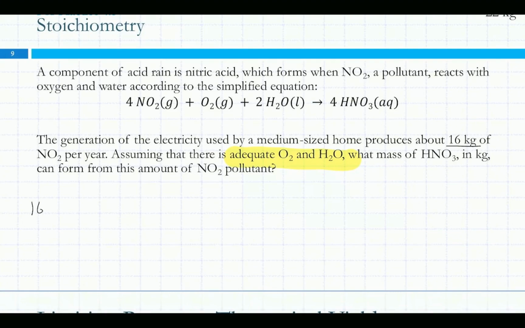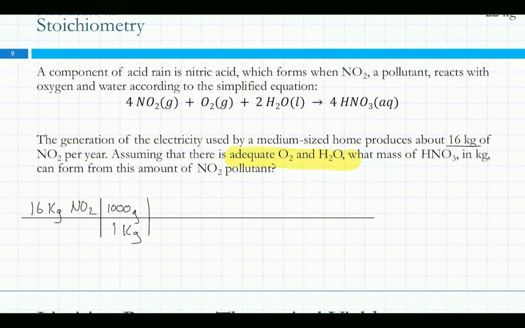Okay, so 16 kilograms of NO2. What's the first thing that we have to do on this one? Yeah, we gotta get to grams. 1 kilogram is 1,000 grams, or 10 to the 3 grams.